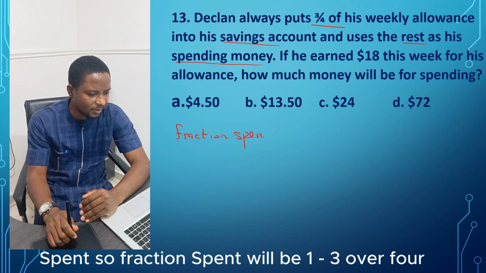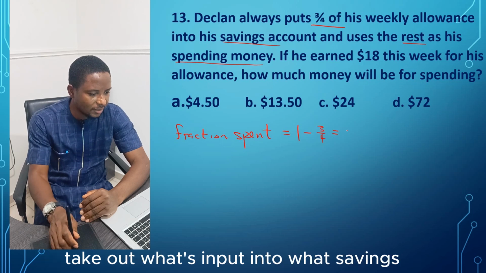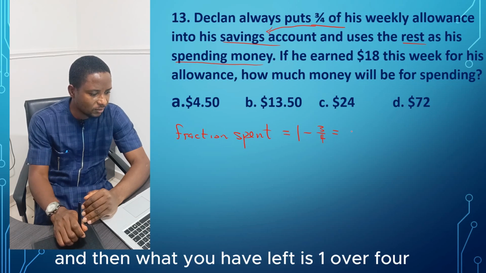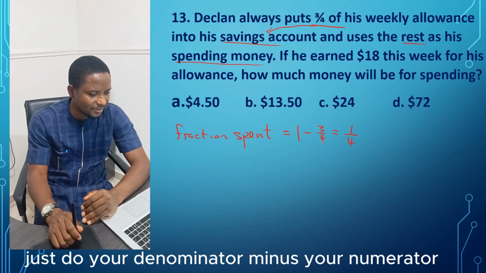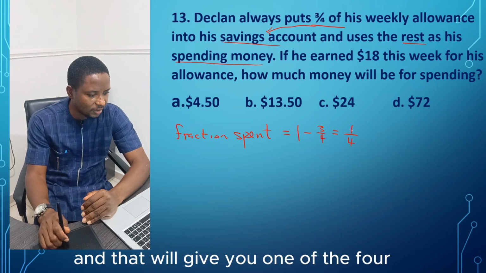So fraction spent will be 1 minus 3 over 4, because the whole in fraction is 1. Take out what he put into savings. And then what you have left is 1 over 4. How did I get 1 over 4? Just do your denominator minus numerator when you have 1 minus any fraction. And that will give you 1 over 4.